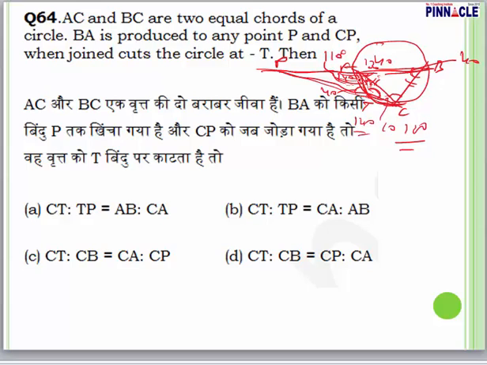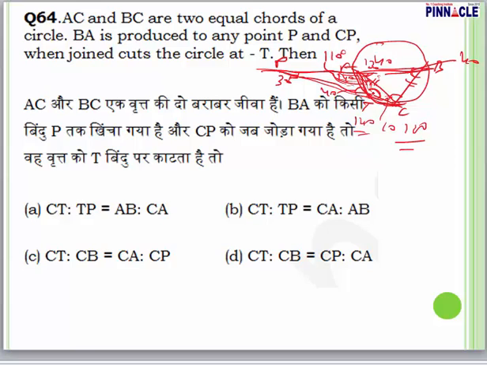Similarly, if this is 140, this is 140, and this is 10, then it will be 30 degrees. So in the PAC triangle, 30, 10 and 140. Similarly, in triangle ATC, ATC is 140, and this is 10 and this is 30.